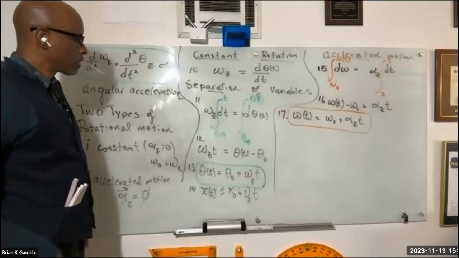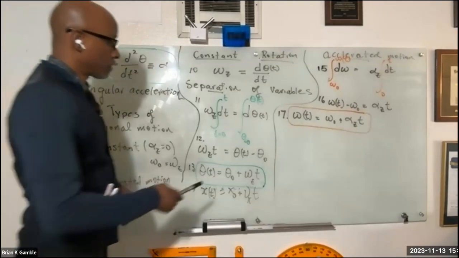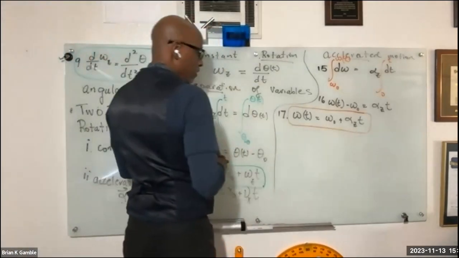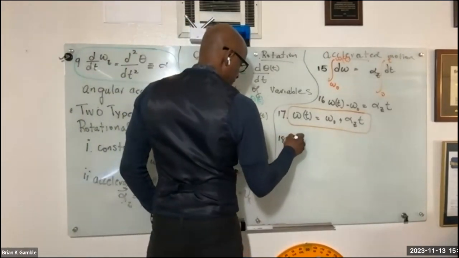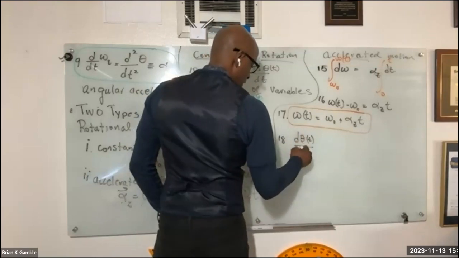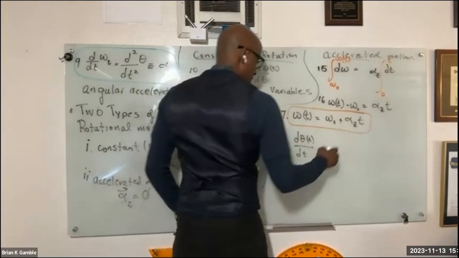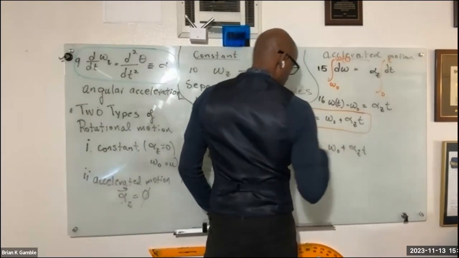That was quick, and now we can do it again by putting in the definition for omega, which is d theta dt. So we start again. d theta of t dt is equal to omega naught plus alpha z times t.